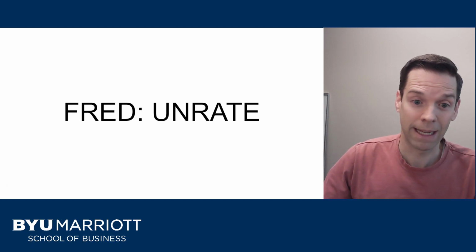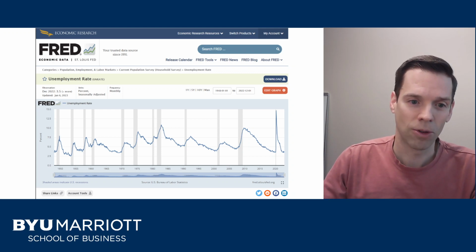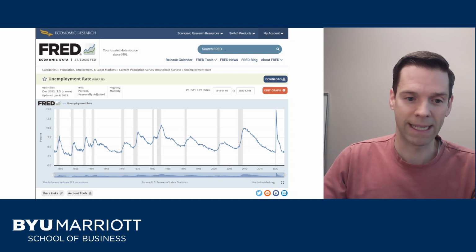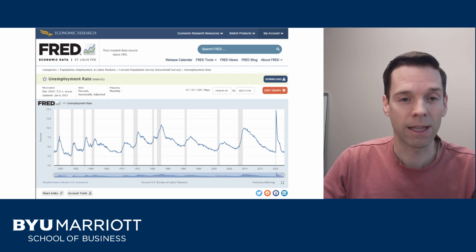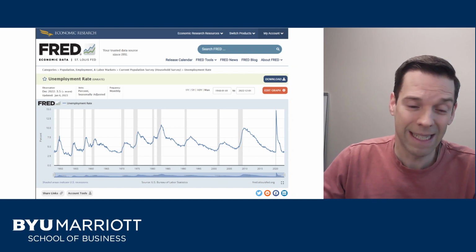To find the unemployment rate in FRED, we use the code UNRATE. Let's go ahead and jump to FRED and look at the data. We can see, as we pull up the unemployment rate here in FRED, a very clear pattern. Every time there's a recession, represented by those gray bars on the graph, the unemployment rate spikes. This is intuitive.